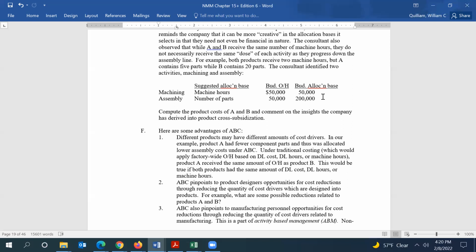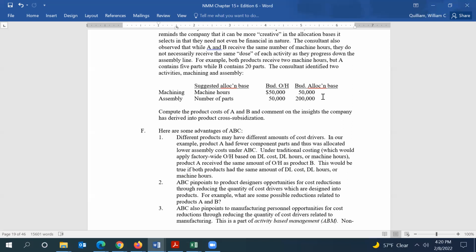So again, they've taken this one big plant-wide overhead cost pool with all these disparate types of overhead costs going in there that don't all behave alike, and they divide it into two halves according to two types of activities they saw in the assembly line, each one with its own cost driver. Number of parts is not a traditional cost driver. That's even better.